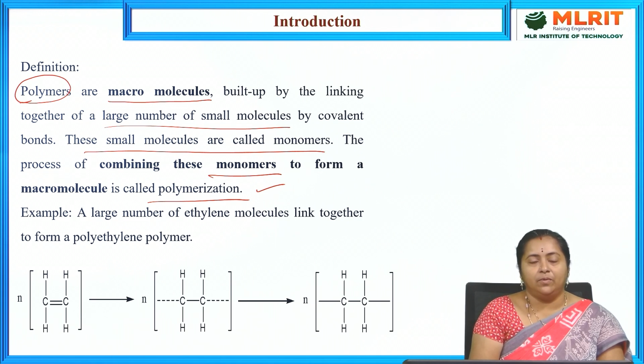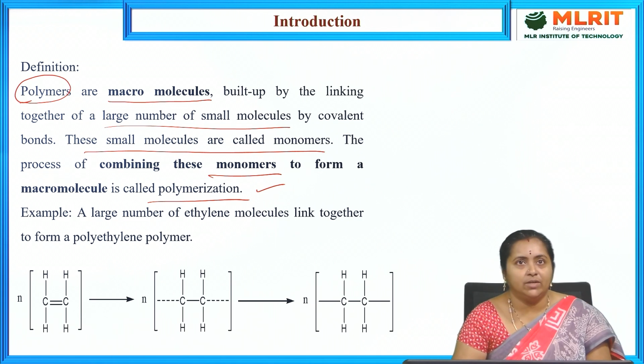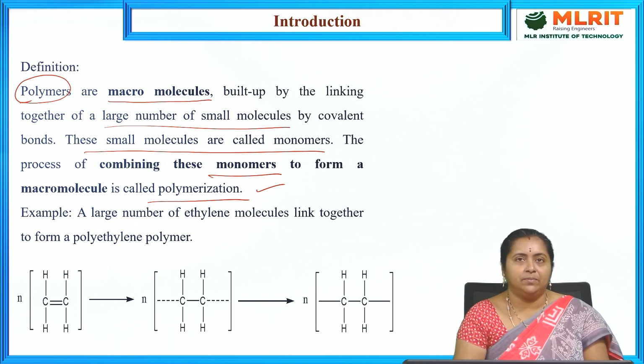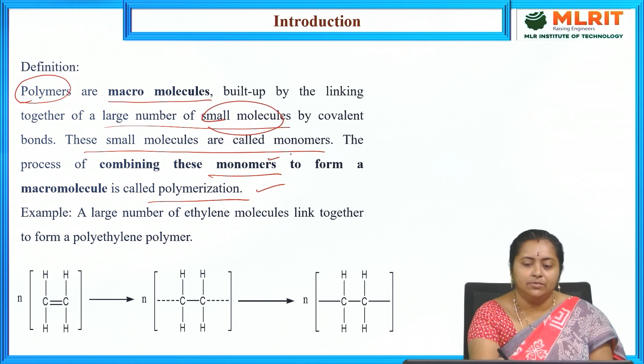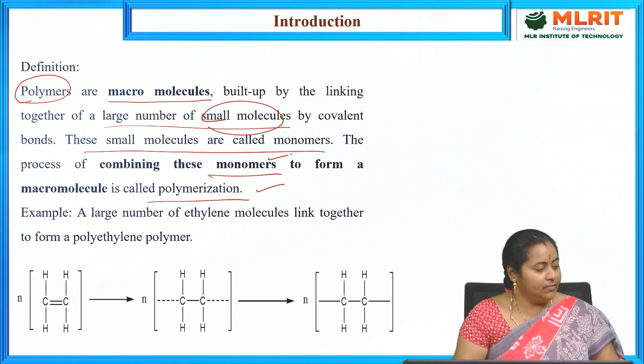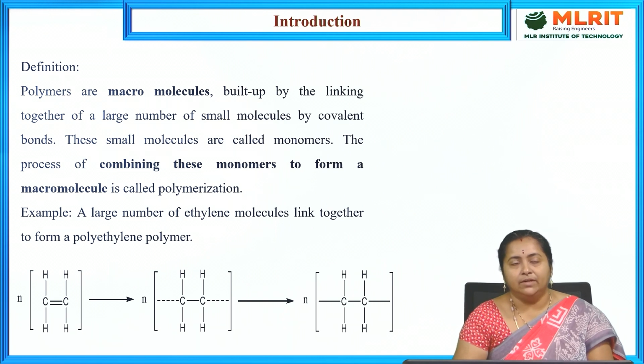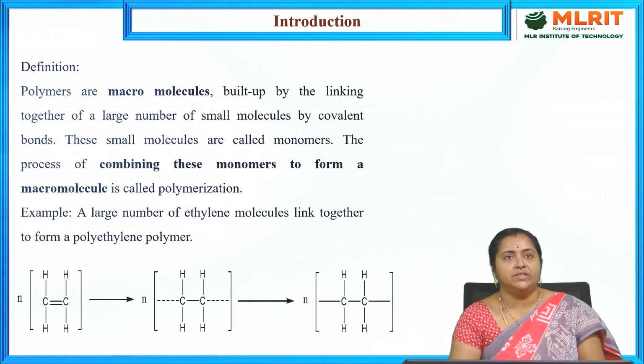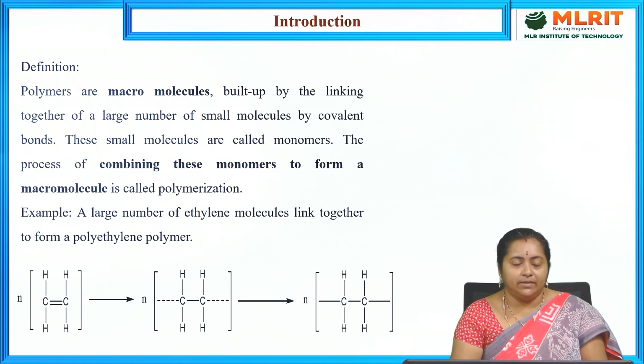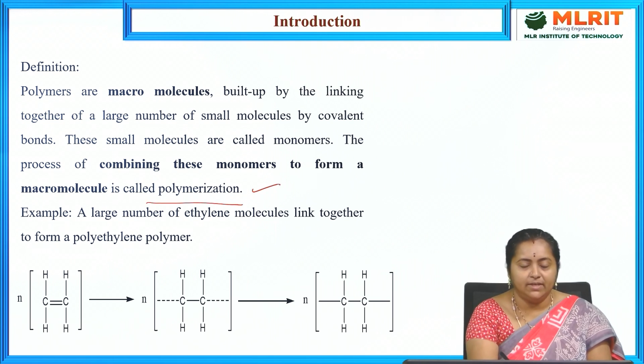Because of linking together two or more same or different monomers, a macromolecule is produced, which is called polymer. And the process of combining these monomers is called polymerization reaction.